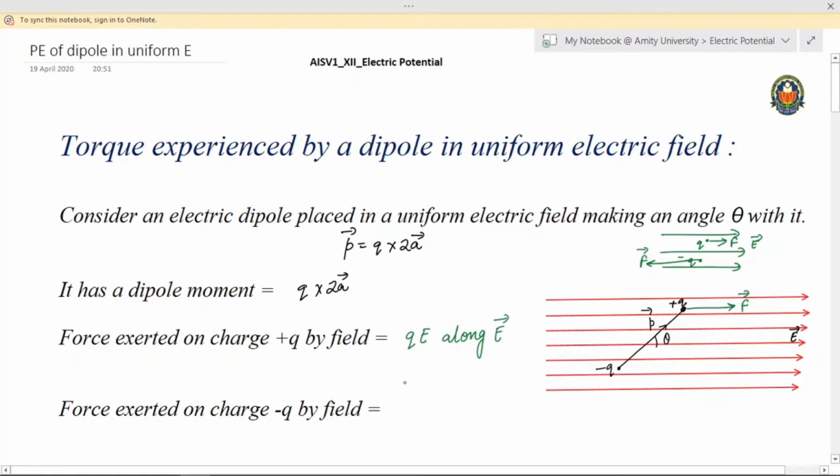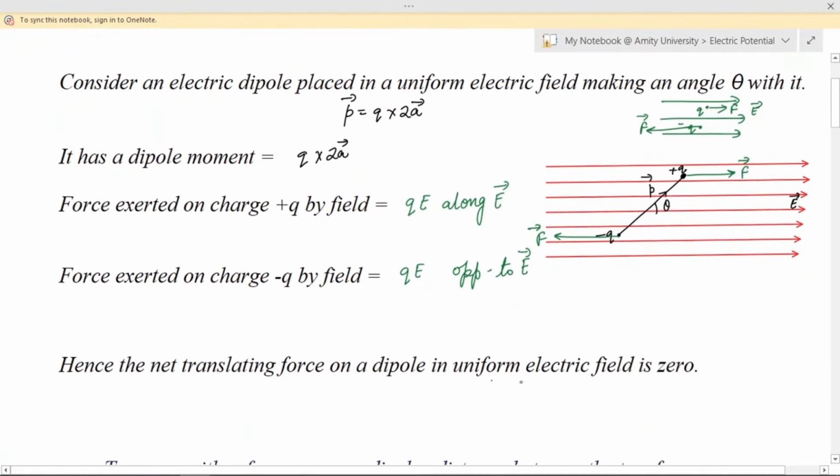Similarly, this minus Q will also experience a force, but this force will be opposite to the direction of the electric field. The magnitude remains the same, but the direction is now opposite to E. Since these forces are equal and opposite, the net force on the dipole is 0.